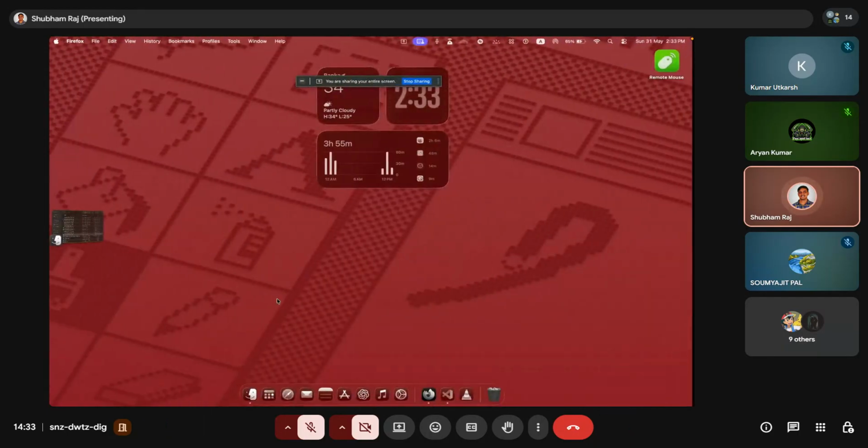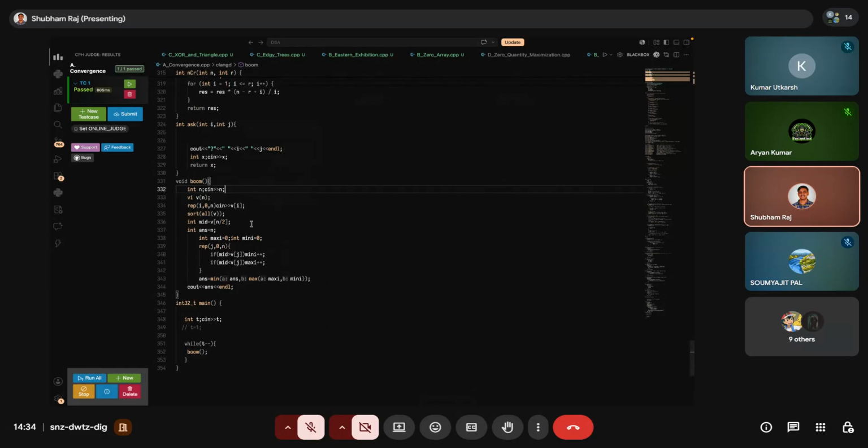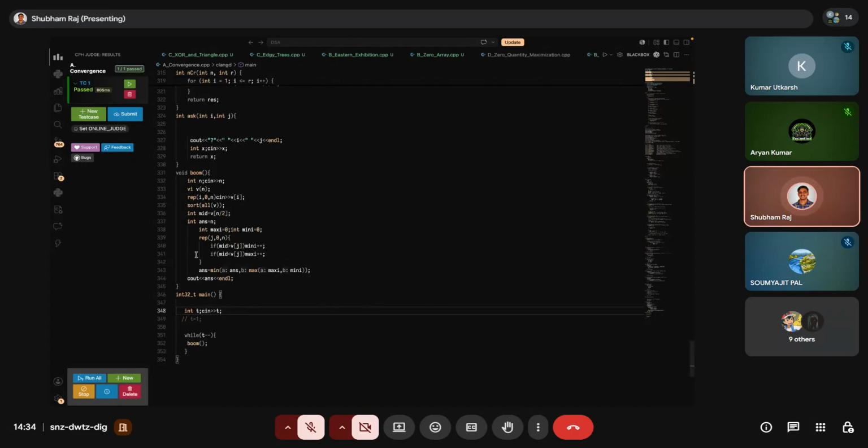If I show you the code, first I am sorting the array, right? The mid is the midpoint of that array. Whether it is odd or even, it does not depend on anything. We take the mid element and find how many numbers are smaller than the midpoint and how many numbers are greater than it.